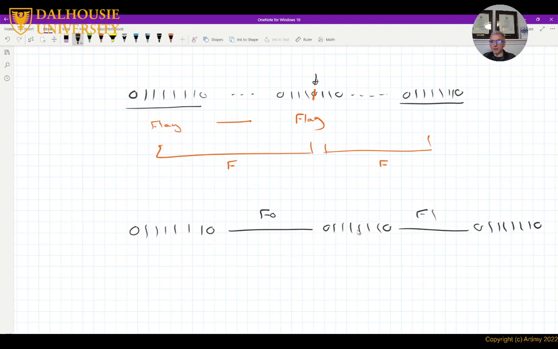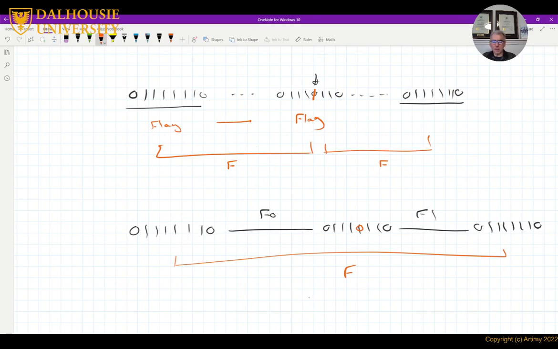Because of an error, this flag in the middle is flipped, or one of the ones is flipped. So actually, this will make the receiver think that these are one big frame.